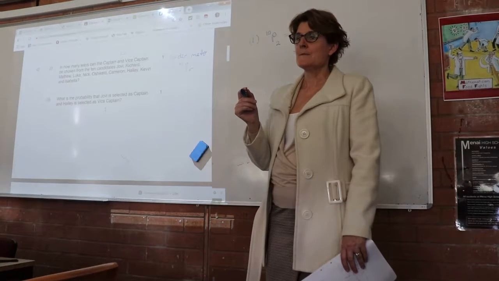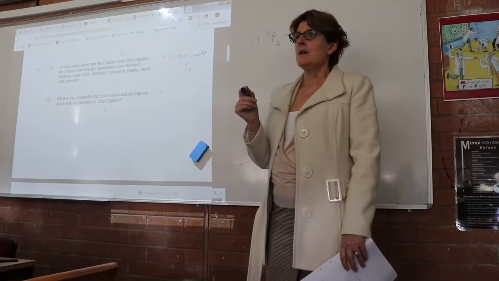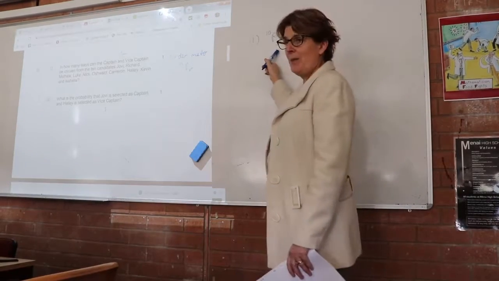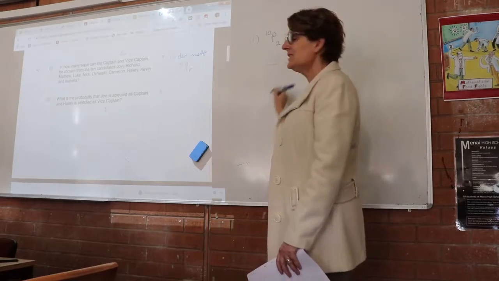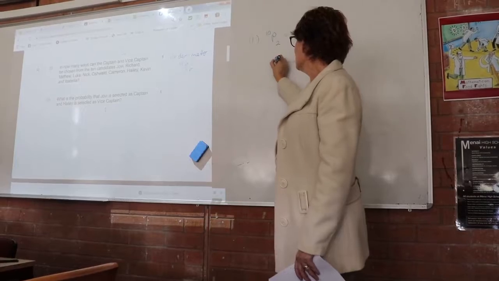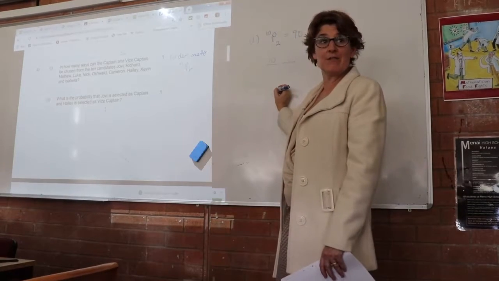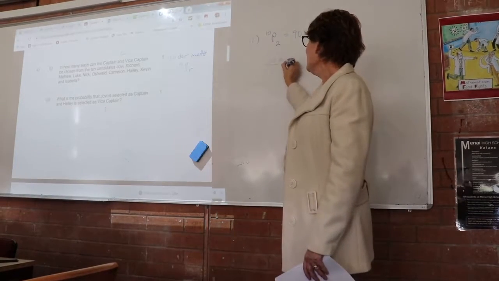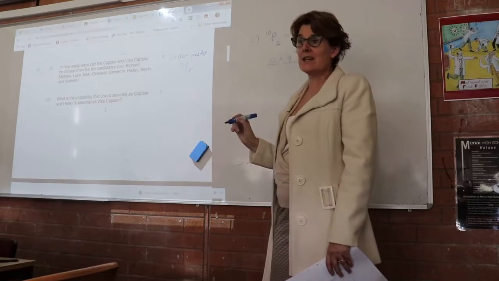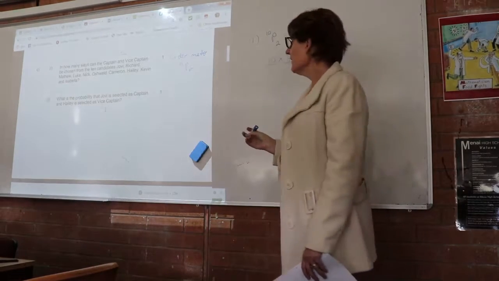Also get 9. Yes, and that's what permutations are. So you're saying I've got 2 positions to fill. How many people could be captain? 10. I've got 10 to choose from for captain. Once I've done that, I've then got 9 left to choose for vice captain. That'll work as well.